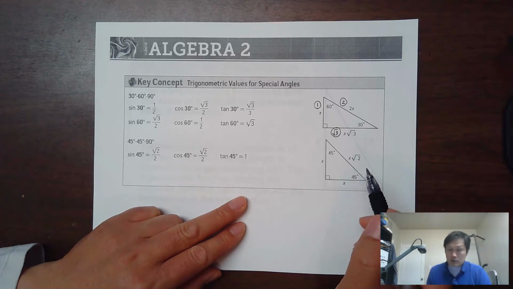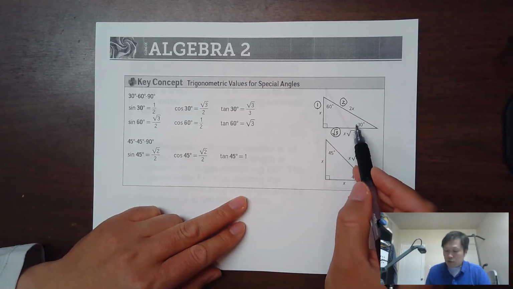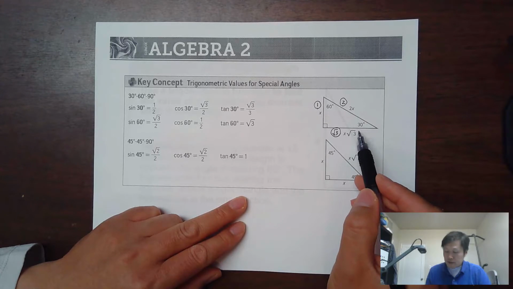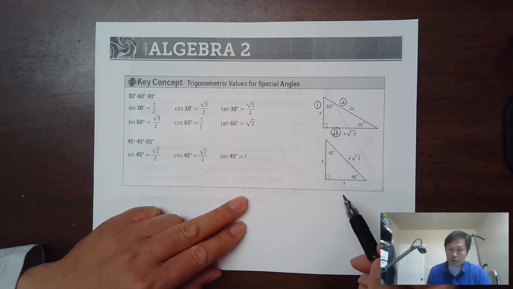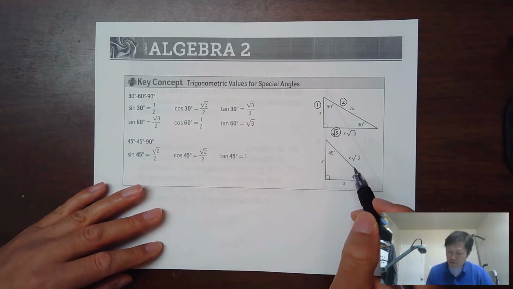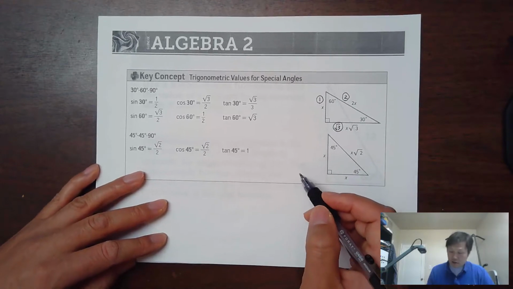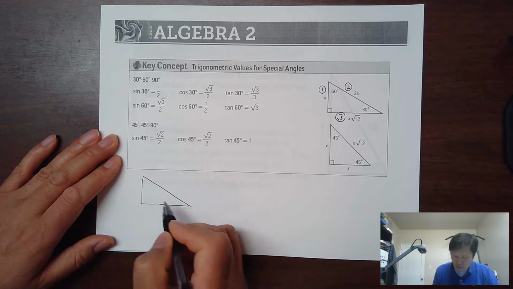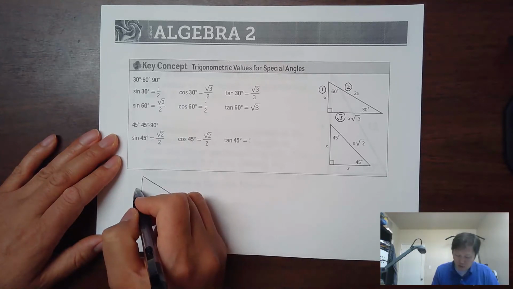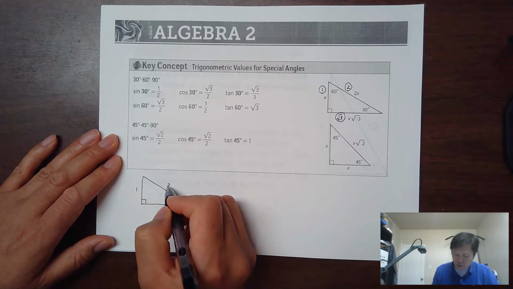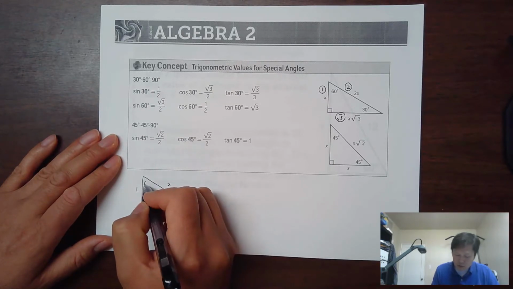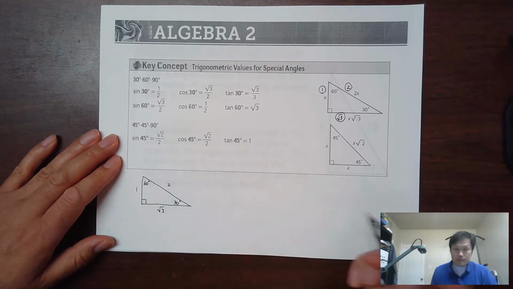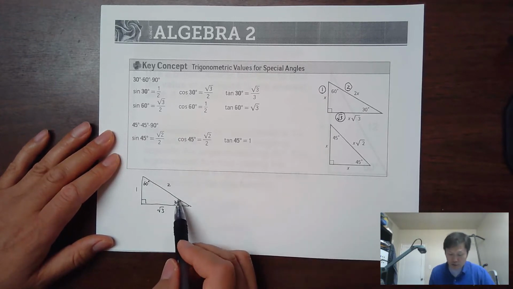For example, let's say you are trying to figure out sine 30 degrees, cosine 30 degrees, tangent 30 degrees. Then you will have to label the triangle as follows: 1, 2, square root 3, 60 degrees, 30 degrees.